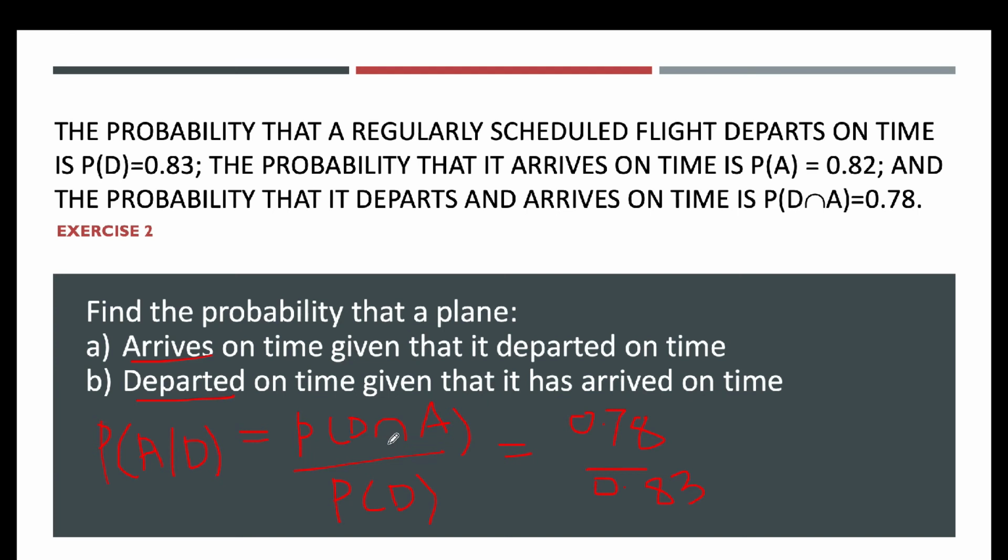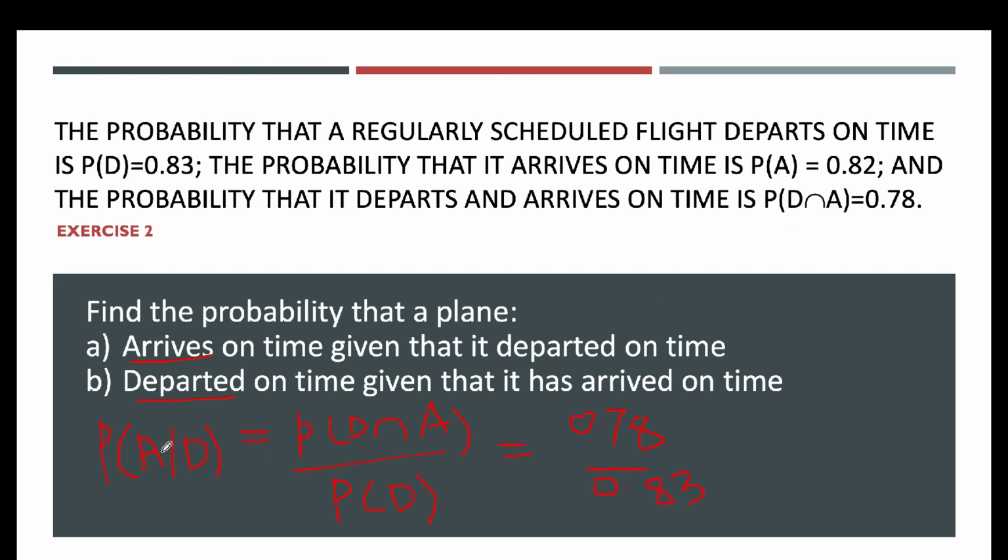Make sure you define it properly, for example P(D intersect A), don't write it the other way around, but the value is consistent.